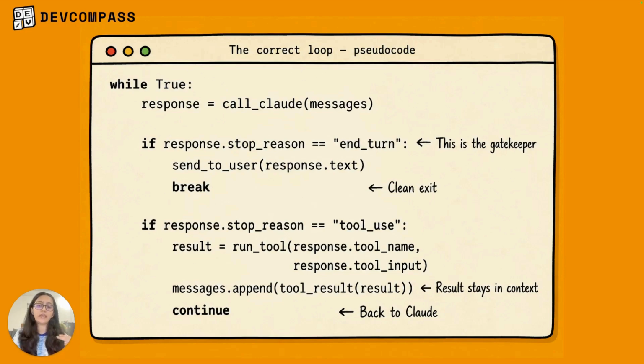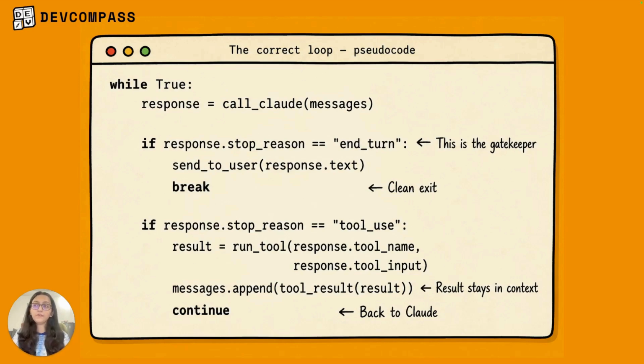First line inside is call Claude with the current message history and you will get a response. Next step is stop reason check, which is the gatekeeper. The annotation arrow on the left says exactly that, this is the gatekeeper. If stop reason is end turn, we call send to user response.text. So it will then break. Break exits the loop, clean exit, the user will just get the response and done.